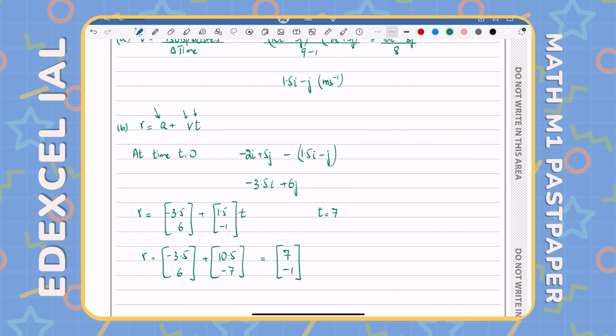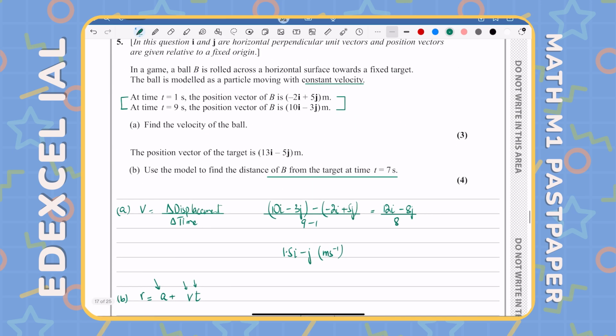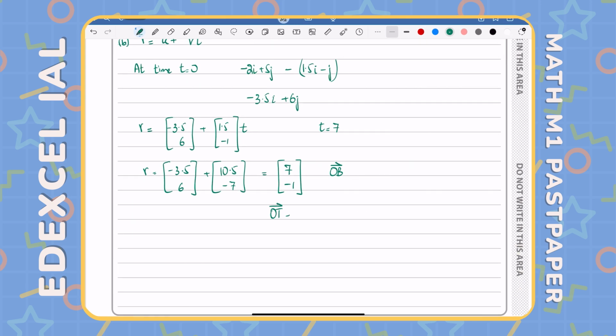So this is where the ball is at t equals 7. We can call this OB. Now the target is 13i minus 5j, so we can call this OT. So that means 13 and minus 5.